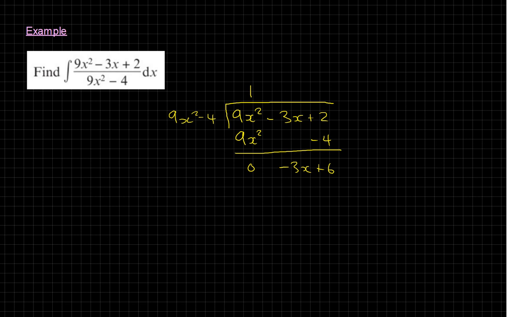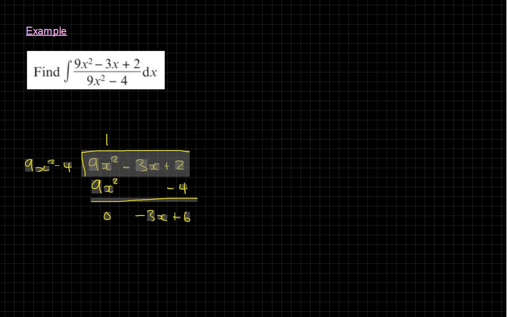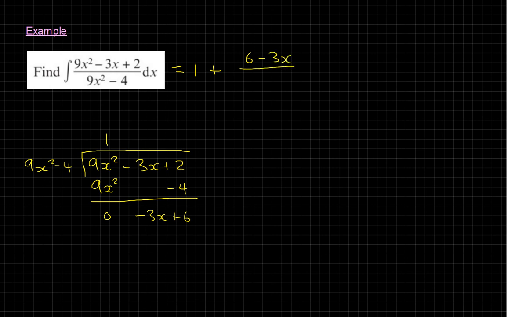Okay, so what that then tells me is that the original integral, let's just move this down here, it's 1 plus, and then my remainder, which was minus 3x plus 6, let's rewrite that as 6 minus 3x, all over what I originally divided by.